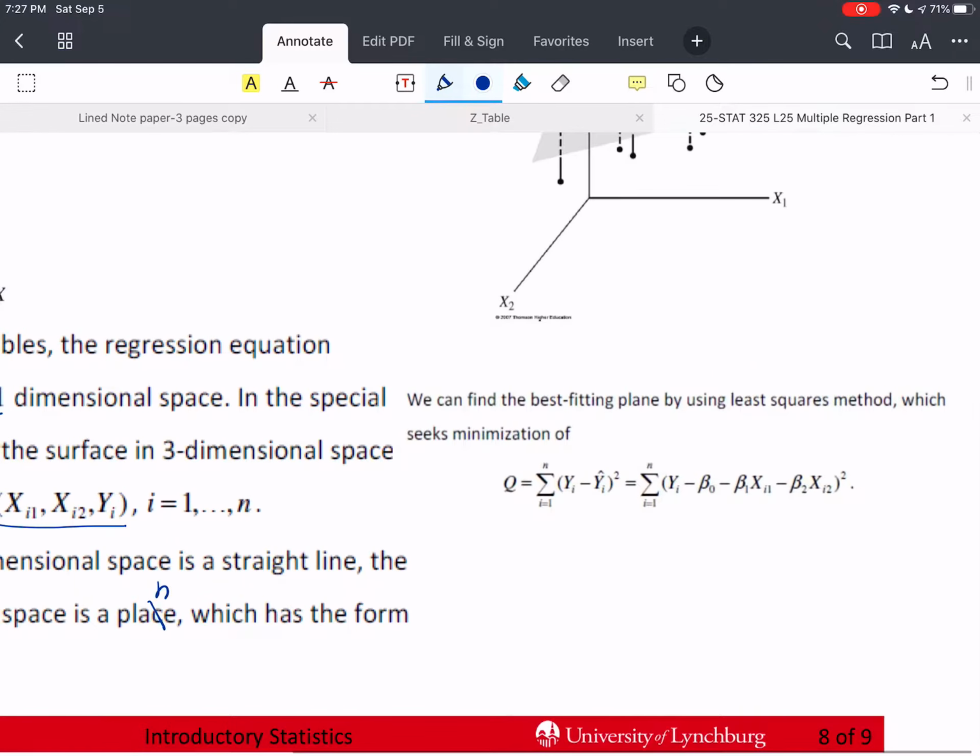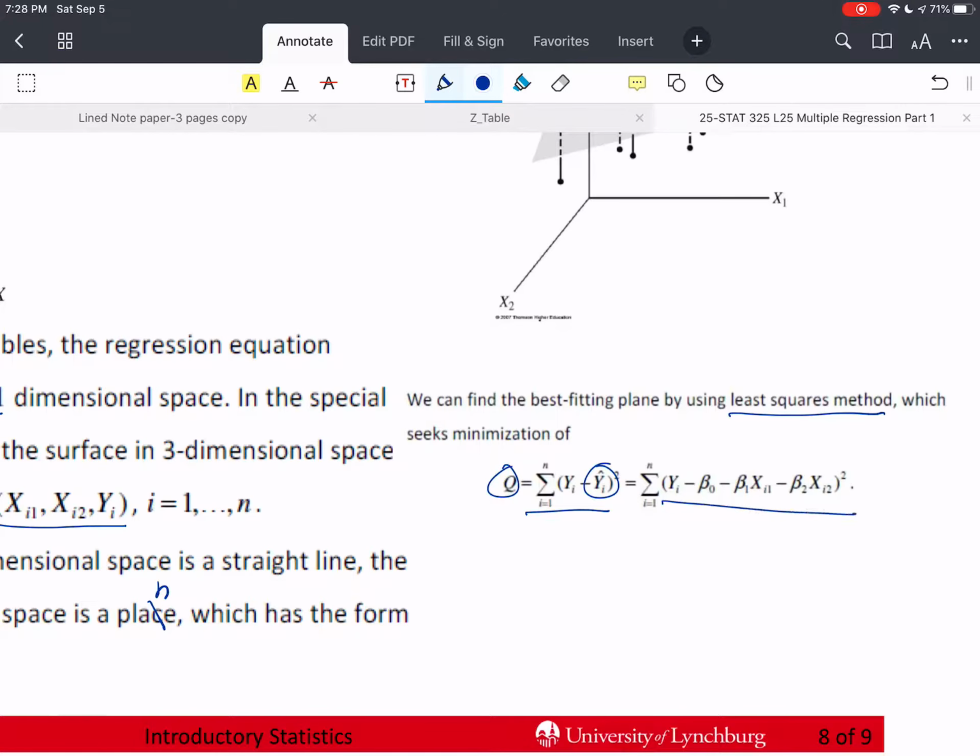And we can find the best fitting plane using the least squares method, the same thing that we used for the straight line regression. If you look, we let Q equal the sum of squares of y_i minus y_i hat, and then we substitute in for y_i hat.